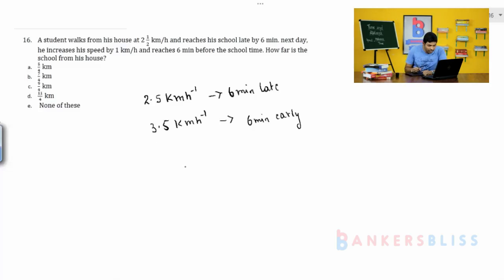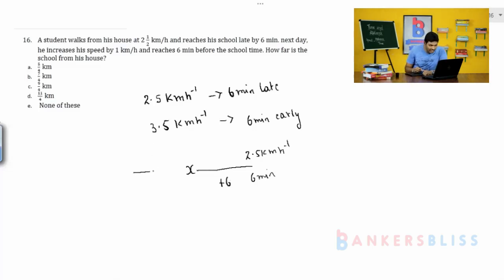See here, if the actual time taken is x, then in the first case, at 2.5 km/h, he is 6 minutes late, meaning he is taking an extra 6 minutes.